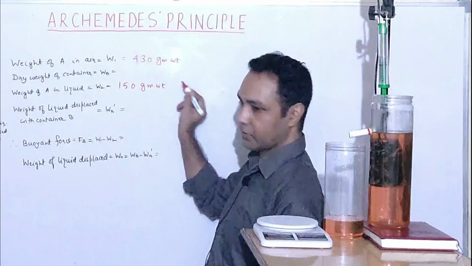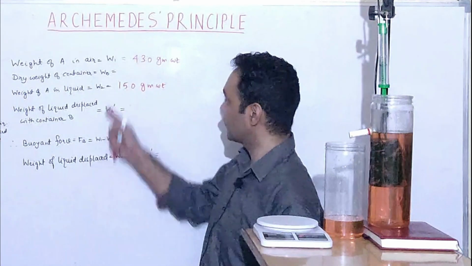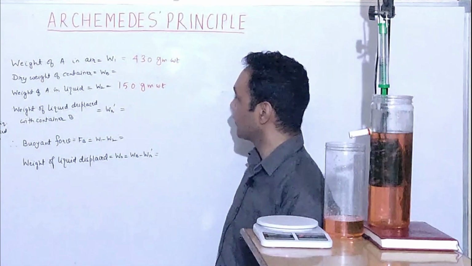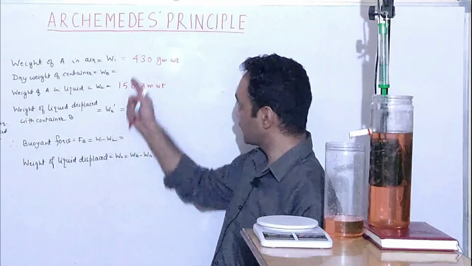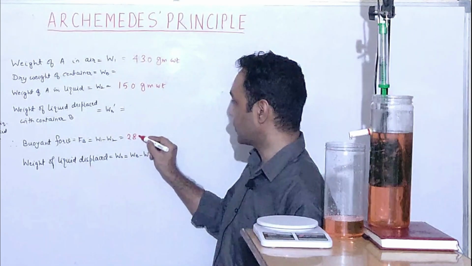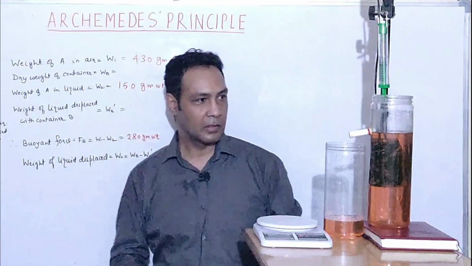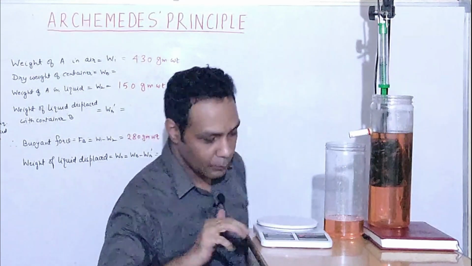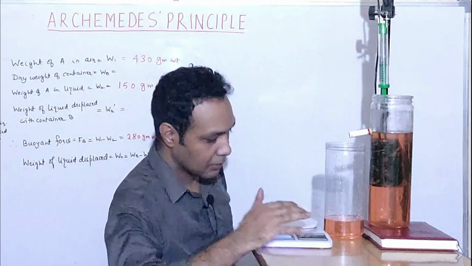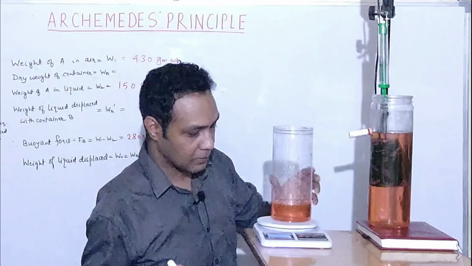While this water is settling here, we can calculate the buoyant force, which is W1 minus W2. So the buoyant force is 430 minus 150, which is 280 gram weight. Now let me measure the weight of this container plus displaced water.